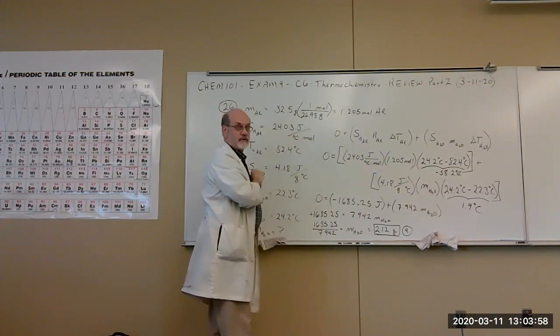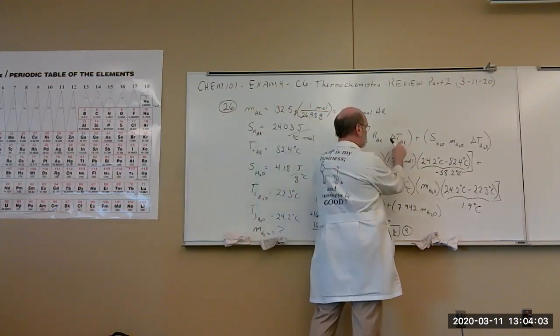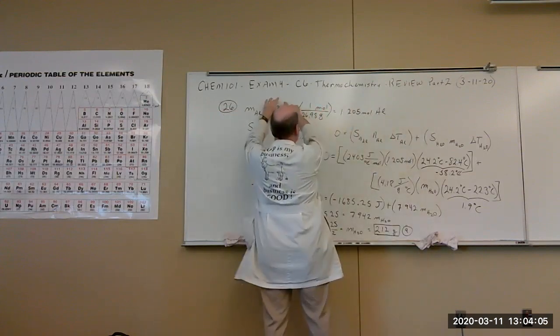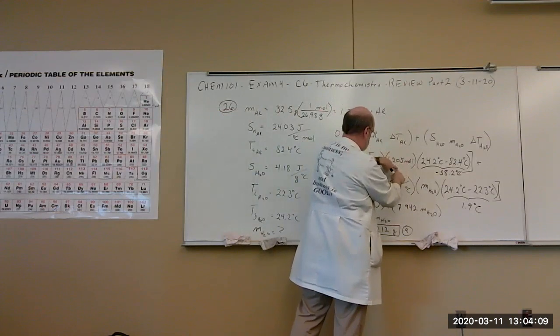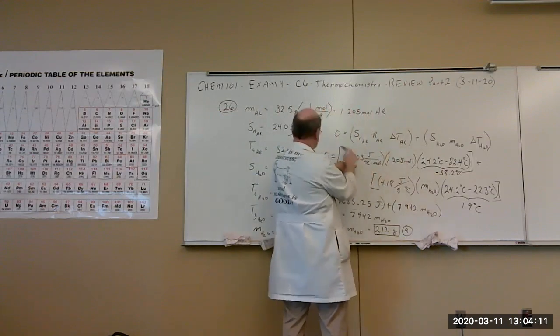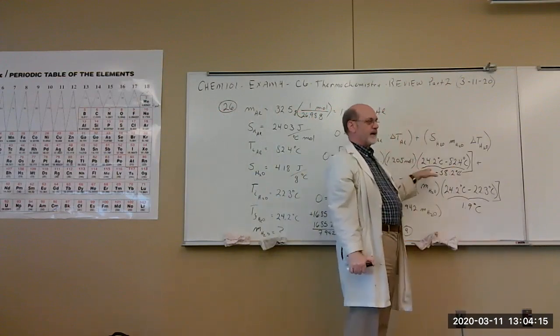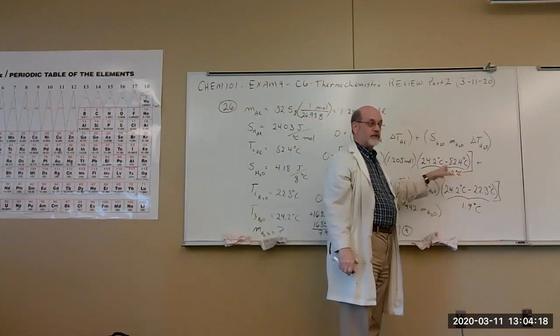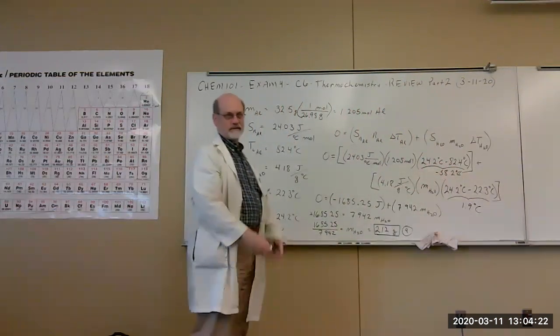Moles, not grams. Right? So that's why we had to set it up this way. That times moles times change in temperature. And we had to convert this to moles so we could put it in here. And there's that value. And then our change in temperature is always final minus initial. If you do it the other way around, your sign will be reversed and your answer will be wrong.